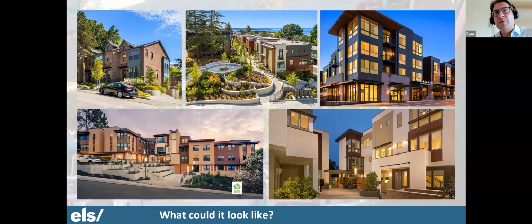These are clearly from different places, and are not literally Larkspur. But they give you an idea of, this building here is 3 stories. Its parking's off the back. It's 2 at the front. That's a pretty good example of what you might encounter in the orange color. This building here is predominantly 3, and it has a small section that's 4. That is a possibility for something that would have the density bonus to it.